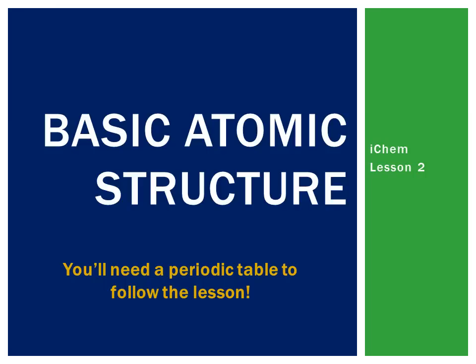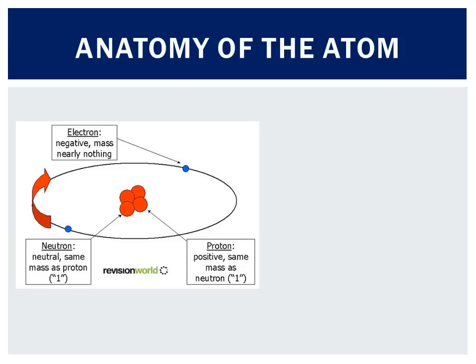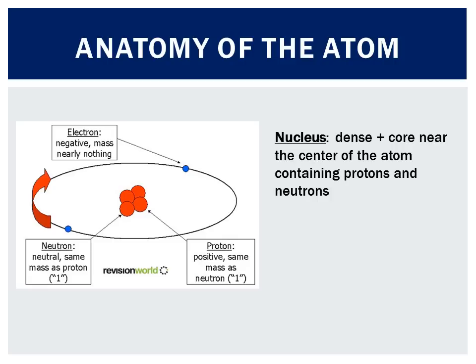Using the model of the hydrogen atom today in class, we highlighted the basic structure of the atom. We could kind of see that there's a nucleus, which is a dense positive core near the center of the atom. This contains the protons and the neutrons.